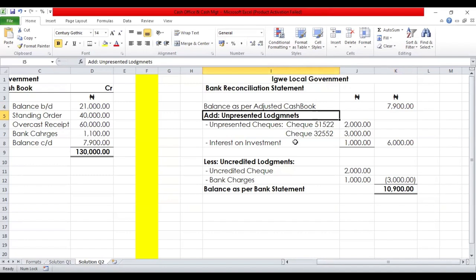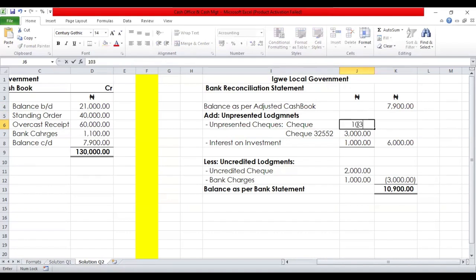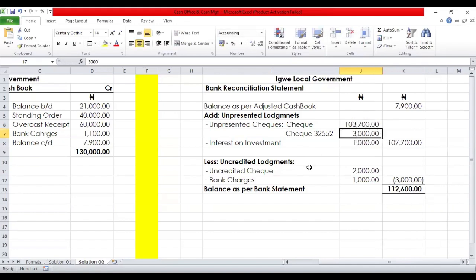Unpresented check is 103,700. Just only one? Yes, sir. Does it have a check number? No check number, sir. Okay. What do you call the figure? 103,700. Is that what we have? Any other one? Is that all? Yes, sir.